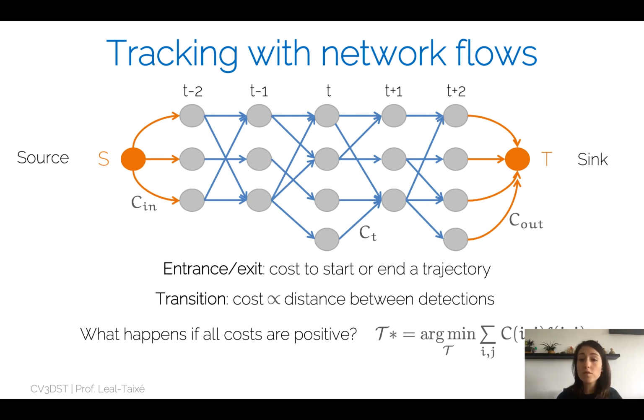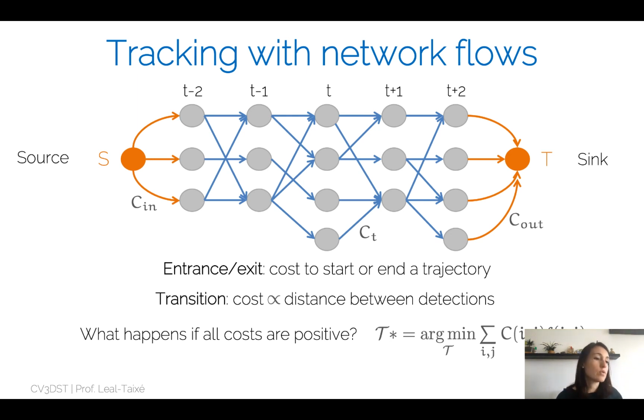So I send flow 0, and therefore my optimal total cost is going to be 0, because any flow that I send through this graph is going to be positive, so it's going to increase my total cost. I am pretty sure that my minimum is going to be sending no flow whatsoever. And if we don't set any further constraints about how much flow we want to send from source to sink, then we're going to get the trivial solution: no trajectories are found in this scene.